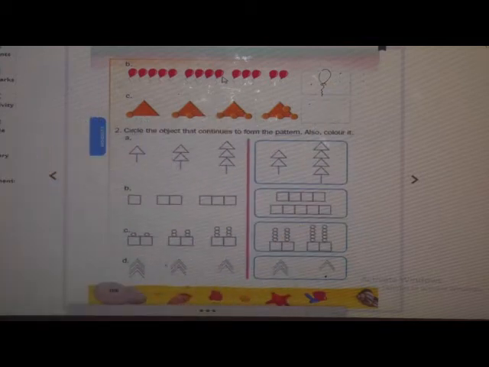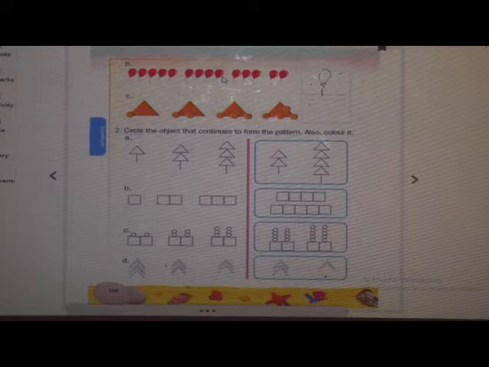How many balloons? 5, 4, 3, 2 and 1. So is this an increasing or decreasing pattern? Yes, it is a decreasing pattern. Understood?